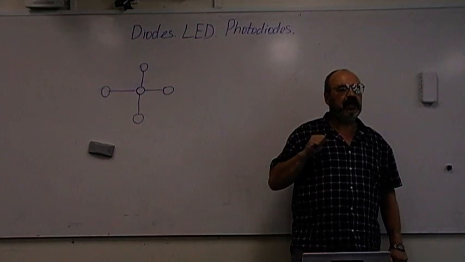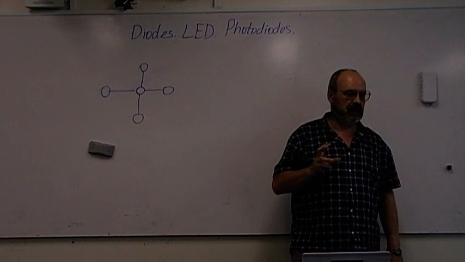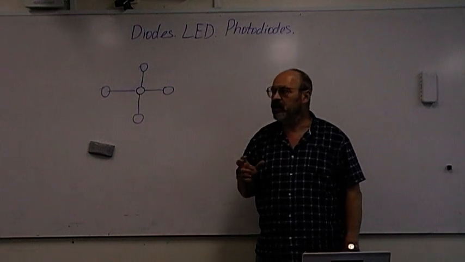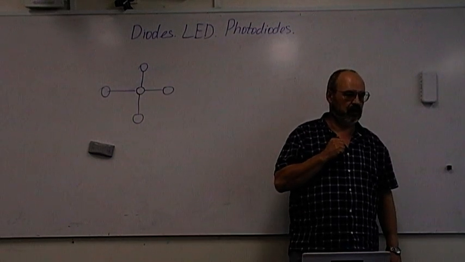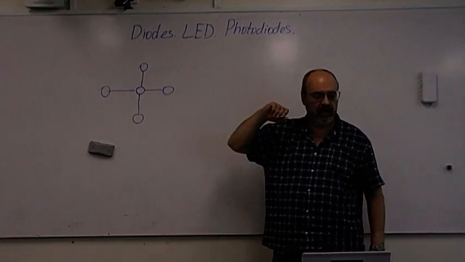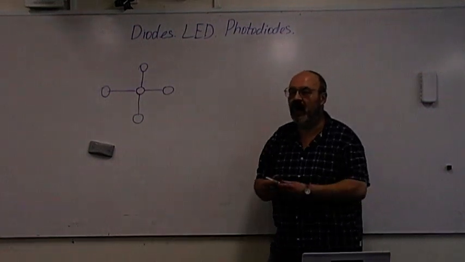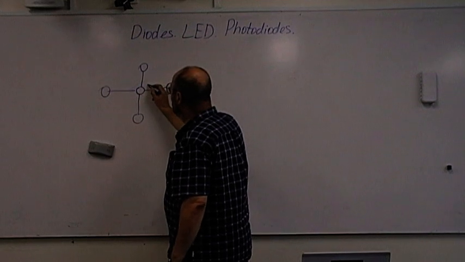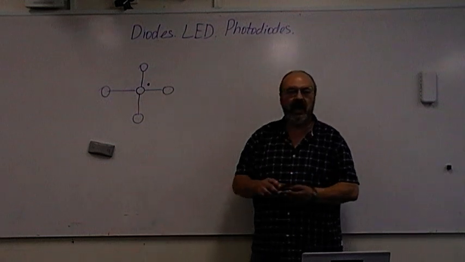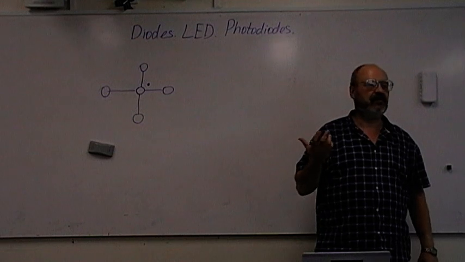But what if we add some impurity into the element? We will add an element with 5 electrons at the outer shell. So 4 of the electrons will make bonds with the surrounding atoms, but 1 will not have another atom to pair with. It becomes very weakly bound to the atom and becomes free.